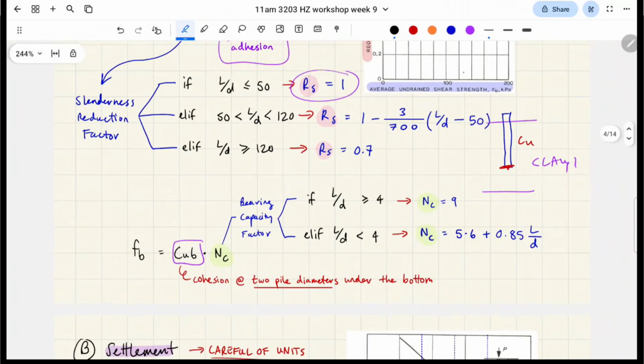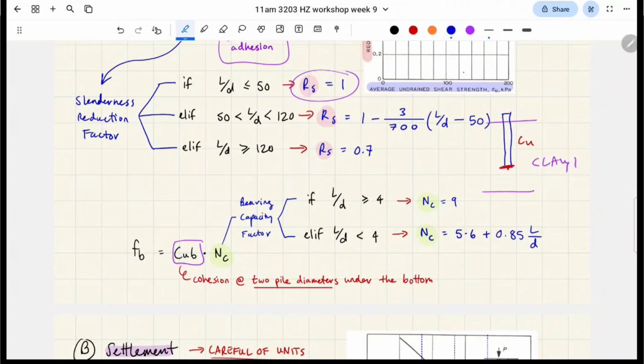So NC is a bearing capacity factor that depends on the slenderness ratio. So why I've bothered to draw all of these cases out is this accounts for the stubbiness case where the slenderness ratio is really small, right? So if your slenderness ratio is really small, you have kind of like a stubby pile, right?